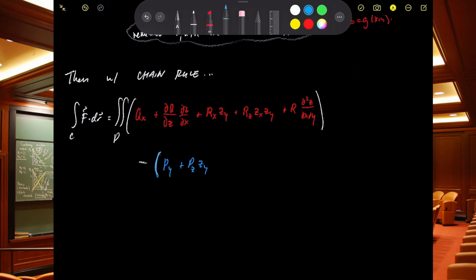Because z is also a function of y, plus r sub y z sub x, plus r sub z, z sub y, z sub x, plus r, and then again this d squared z, that mixed partial at the end. And this is all dA.